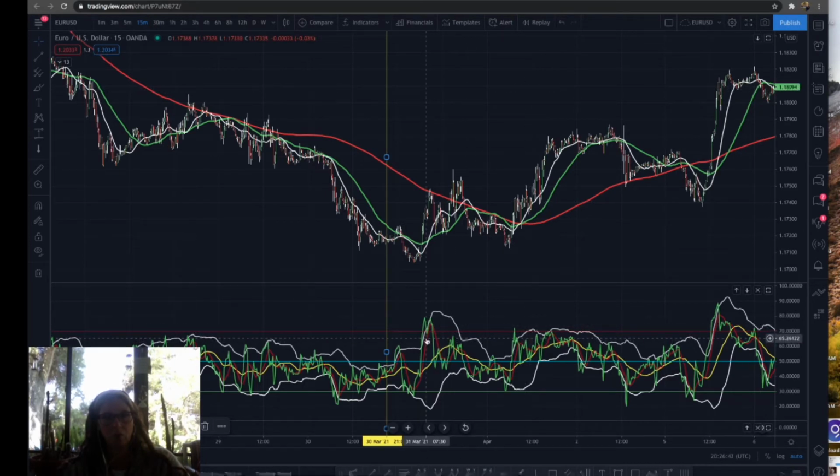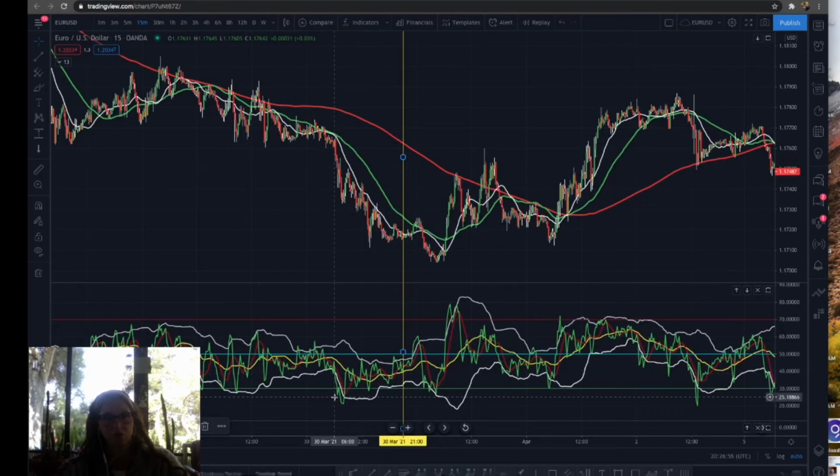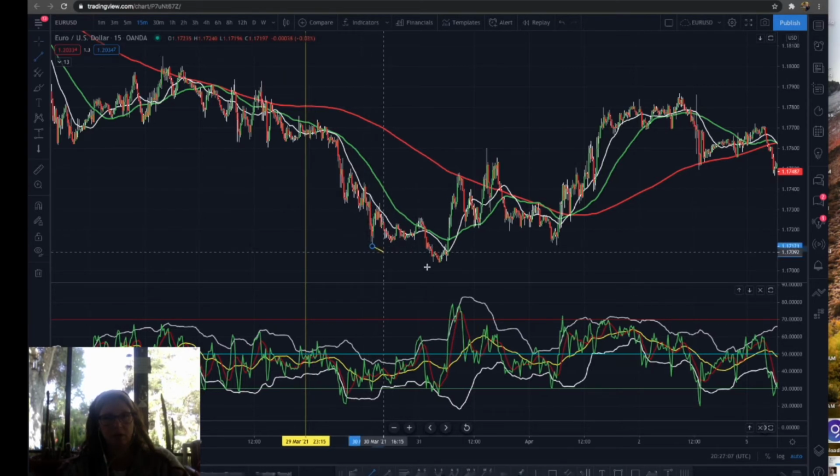So what are our rules? Our rules are, number one, a band, out of the band, and divergence. Here is our out of the band, below 30, and here is our divergence.